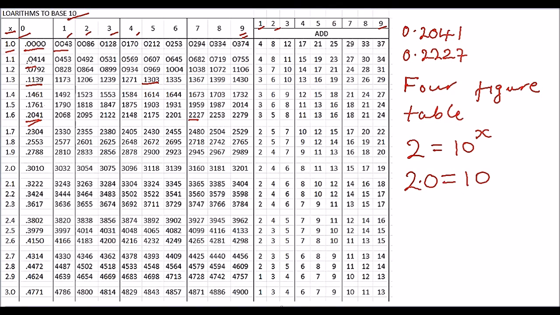Now we come to the first column here. We move up to where we have 2. The number that is next to it, that is, this is 2.0, is 0.3010. So 2 is the same as 10 to power 0.3010. And therefore, the logarithm of 2 to base 10, or rather 2.0, which is the same as 2, is equal to 0.3010.